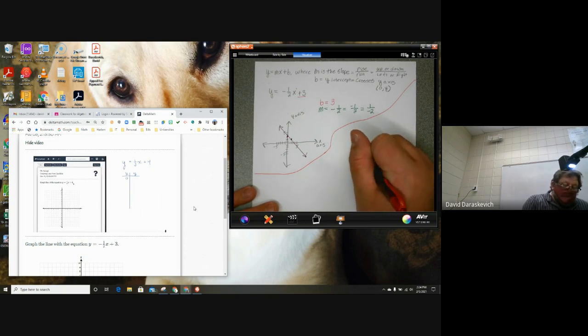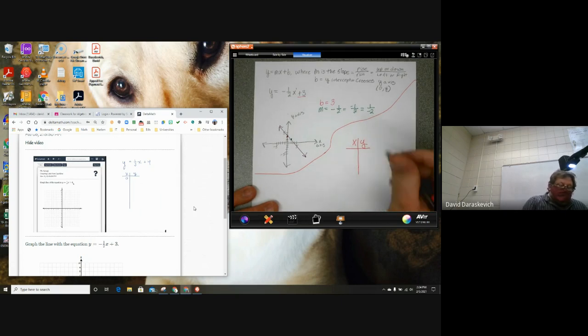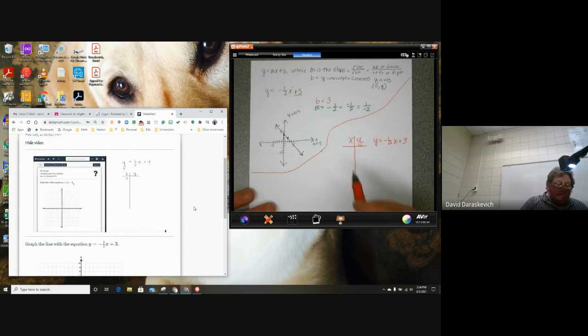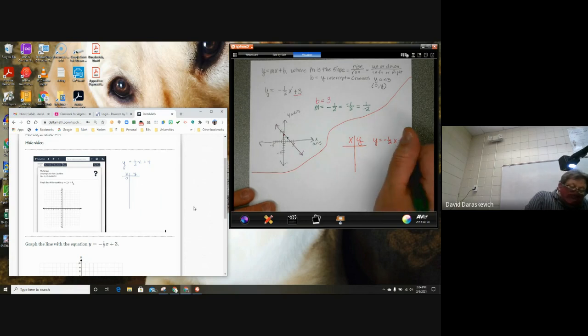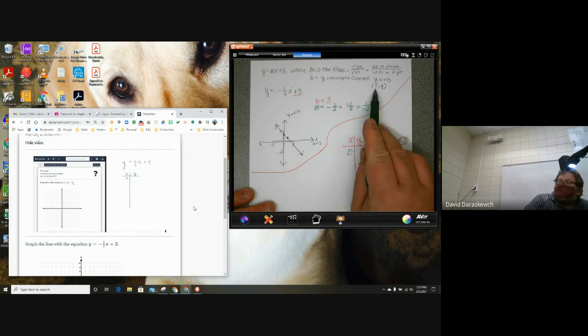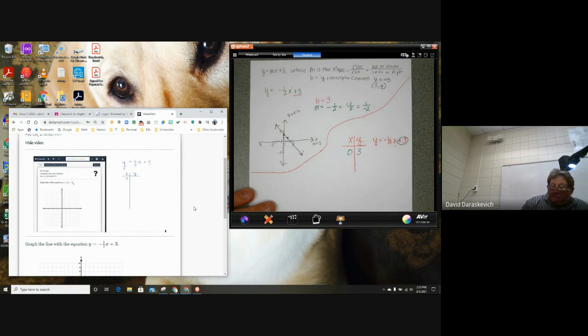Okay, so I have my x and my y. I have my equation y equals -1/2 x plus 3. And what he does is, well, he uses the y-intercept. Here's my y-intercept. I know that the x value is 0 and the y value is 3 for the y-intercept. Then he goes and he picks another number.